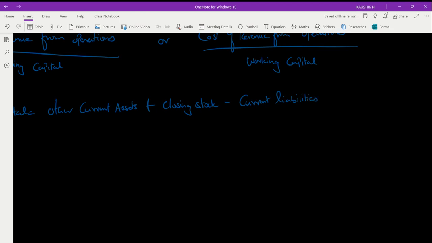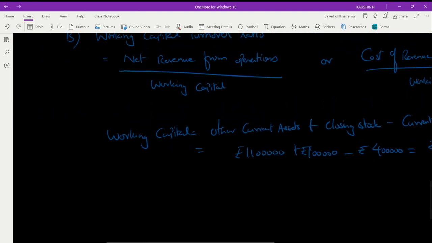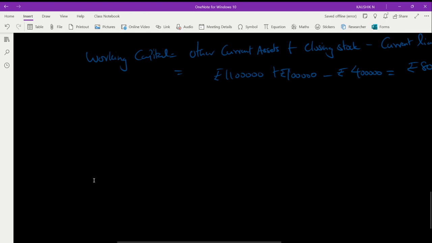Now the values are very simple: rupees 11 lakhs plus rupees 1 lakh minus the current liabilities of rupees 4 lakhs. If you do the substitution, you will get an amount of rupees 8 lakh. So now you calculated for this segment.